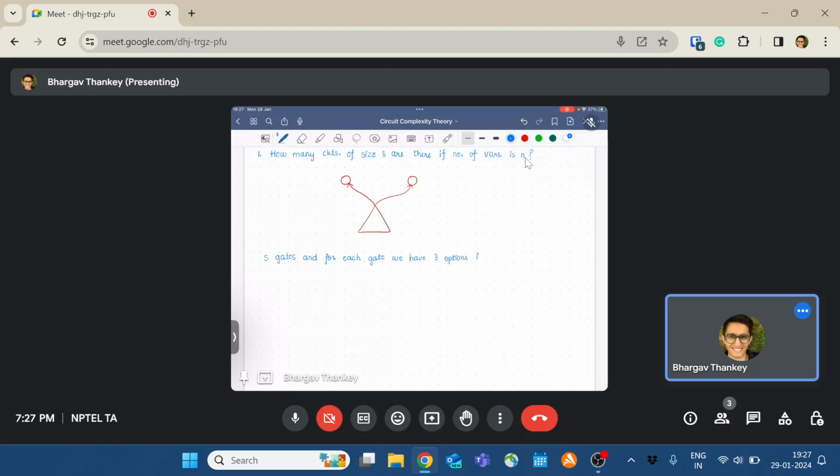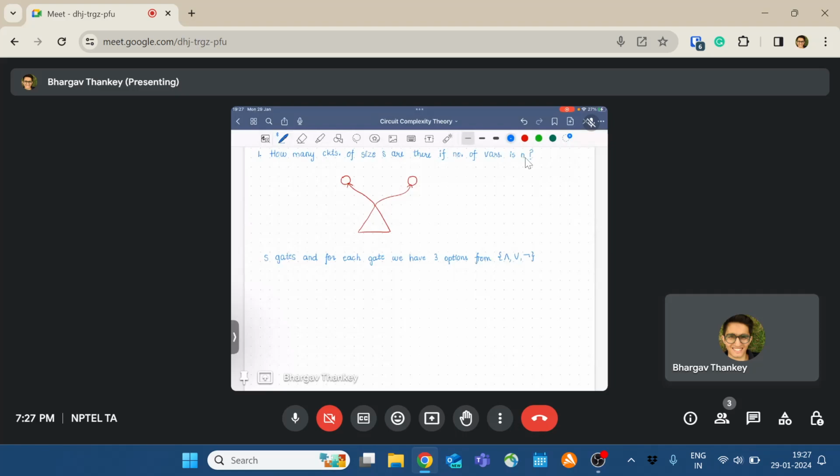Won't the solution be similar to the proof for Shannon's theorem? Yeah, so over there we were counting circuits in one way. Here I'm trying to count them in a slightly different way. I'm going to come up with a string which represents a circuit. That's the route I'm trying to take.